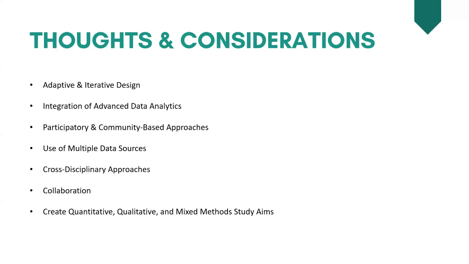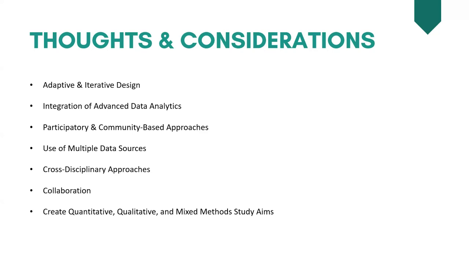So how are we going to embrace that within our processes? We might have participatory or community-based approaches. This is bringing us, albeit still qualitative, into new, emerging areas of qualitative research.